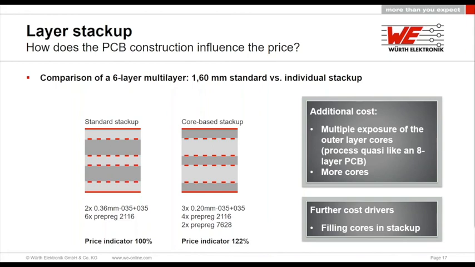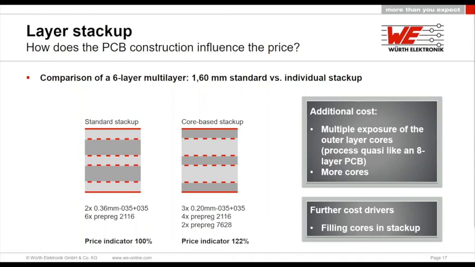Since we are not buying FR4 cores without copper cladding, we are using FR4 cores with copper, etching away the copper completely and placing them into the stack-up. So if you have, like on the left side, a 6-layer build-up with 2 cores, between layer 3 and layer 4 there would be a filling core due to the distance.